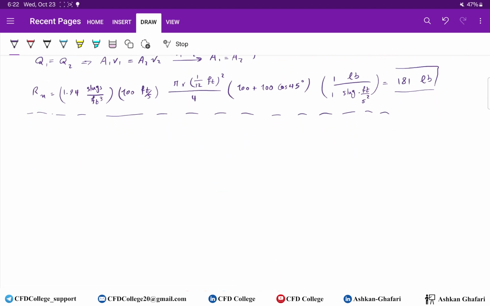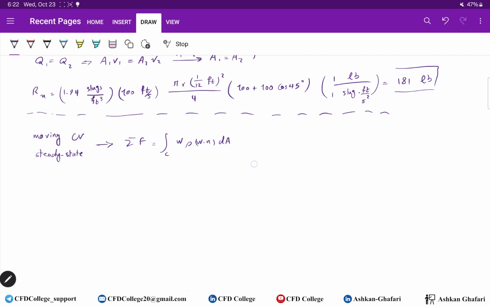When we have a moving control volume, so moving CV, and we have steady state condition, we can use this formula, the summation of forces equals integral of W rho W dot n, actually it's dA.